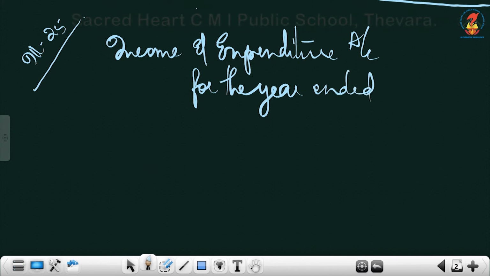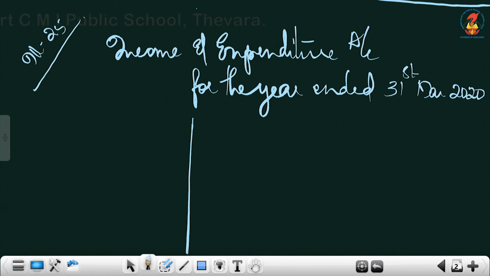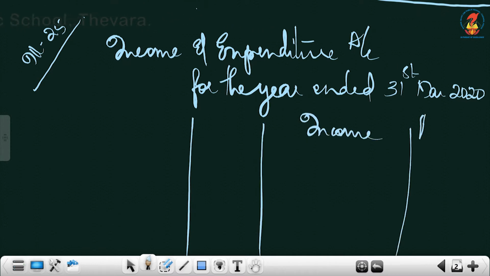The date is 31st March 2020. The previous question we did for 2019. And write the format also very carefully. Incomes on the credit side, expenditure on the debit side.